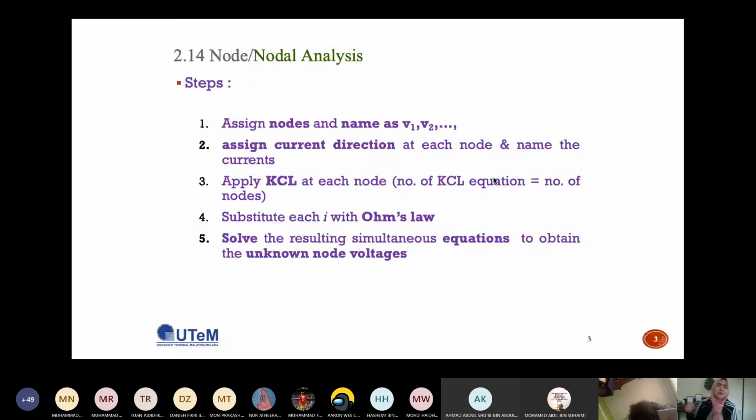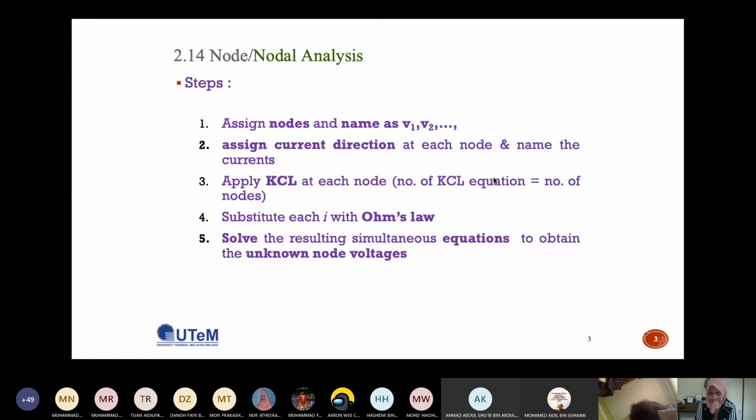The number of KCL equations must be equal to the number of nodes. So if you have 3 nodes, then you need 3 KCL equations. If you have 2 nodes, then you should have 2 KCL equations. After that, you need to substitute each current with Ohm's law, and lastly, you must solve the resulting simultaneous equations to obtain the unknown node voltages.